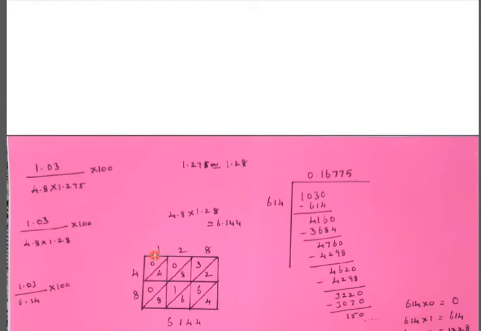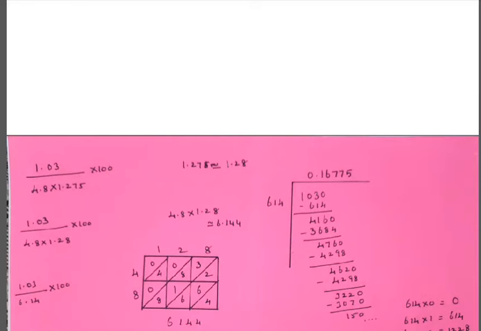4 ones are 4, 0 and 4. 4 twos are 8, 0, 8. 4 eights are 32, 3 2. Next, the 8 table. 8 ones are 8, 0, 8. 8 twos are 16, 1 6. 8 eights are 64, 6 4. By adding along the lines: 4, then 6 plus 6 is 12 and 4 is 14.